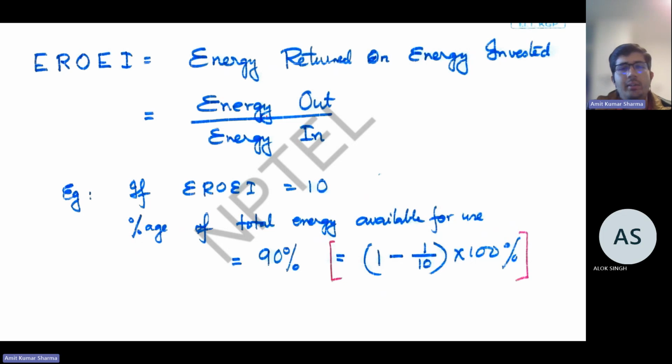EROEI is energy returned on energy invested, so energy out upon energy in. Okay. So if EROEI is 10, it means that the percentage of total energy available will be 90%. So we have 90% of energy available, but we have invested 10%.